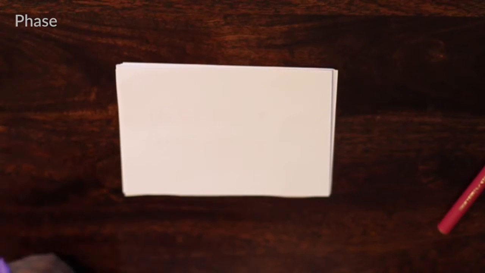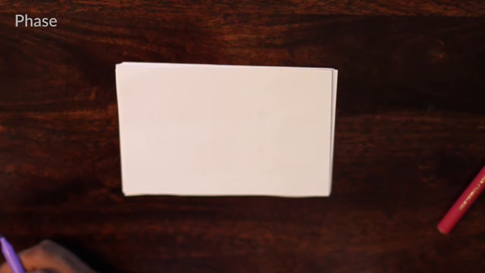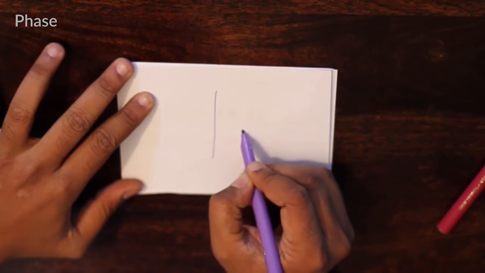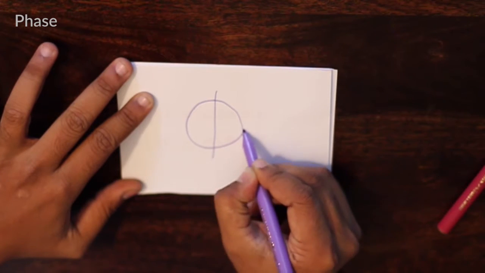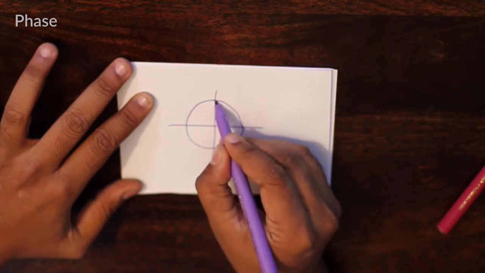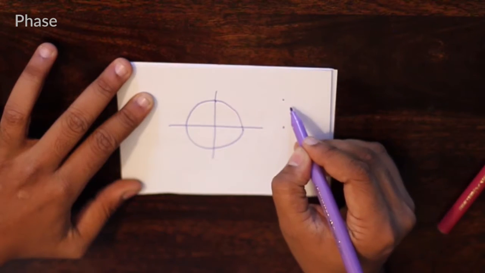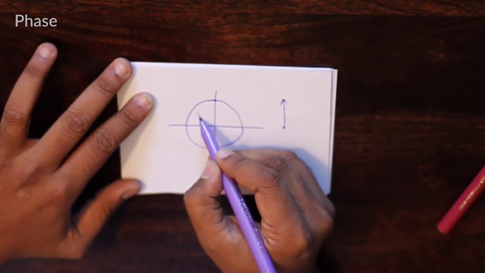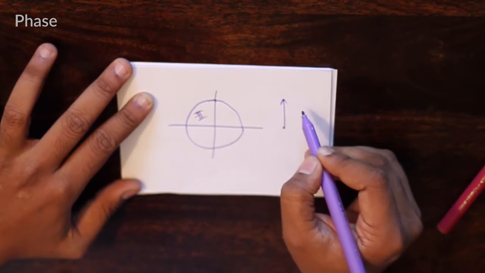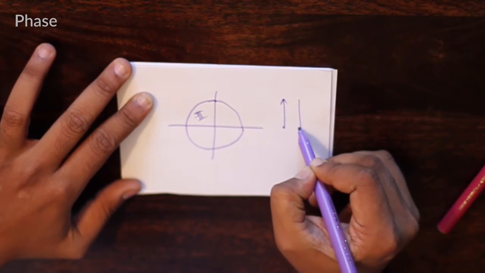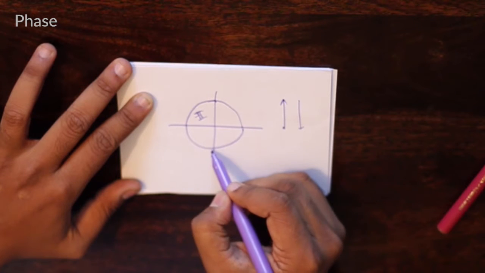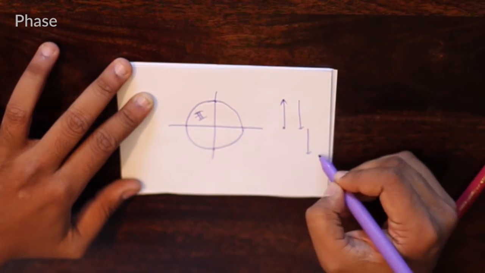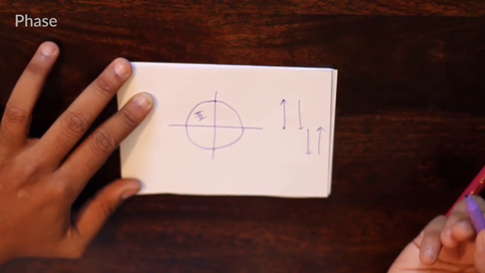So that's what the SHM sinusoid indicates, and that's what the phase indicates. So if you look at it in terms of the circle, then quadrant 1 is when you go from the mean to one extreme. Quadrant 2 is when you go from that extreme back to the mean. And quadrant 3 is when you go from the mean to the other extreme, and quadrant 4 is when you're back from the extreme to the mean.